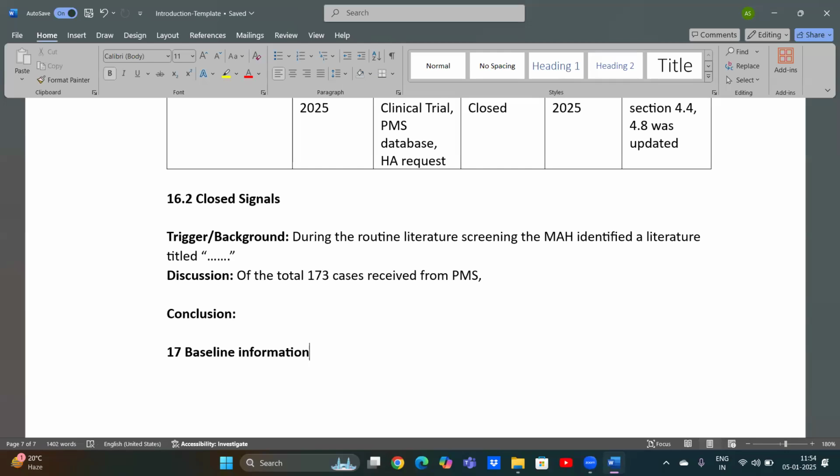Section 17, right? Main heading is benefit evaluation. That is the PSUR section I'm looking at. 17.1 important baseline efficacy and effectiveness information at the start of the reporting period.